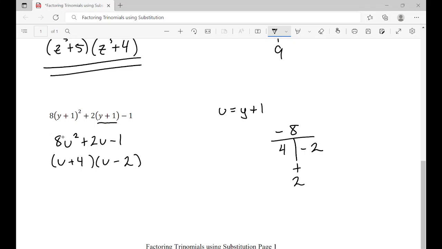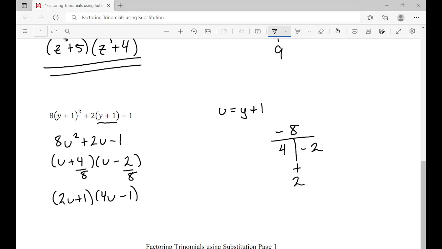And since this is an 8, we're going to divide both of our factors by 8. So 4 over 8 is just 1 over 2, so we're going to say this is 2u plus 1. And then 2 over 8 is 1 over 4, so we're going to say this is 4u minus 1.